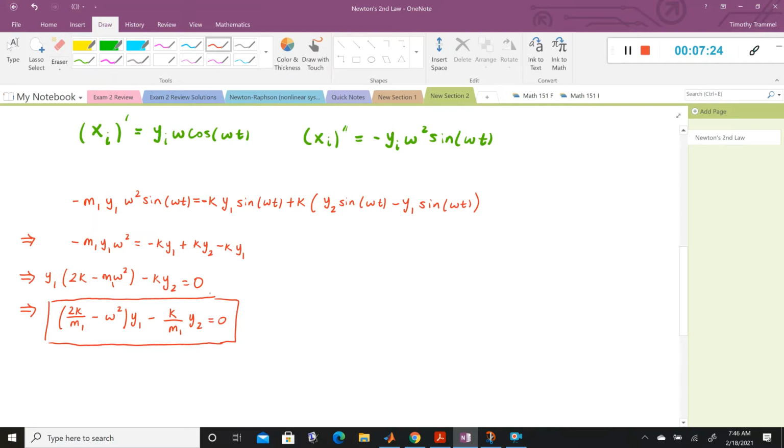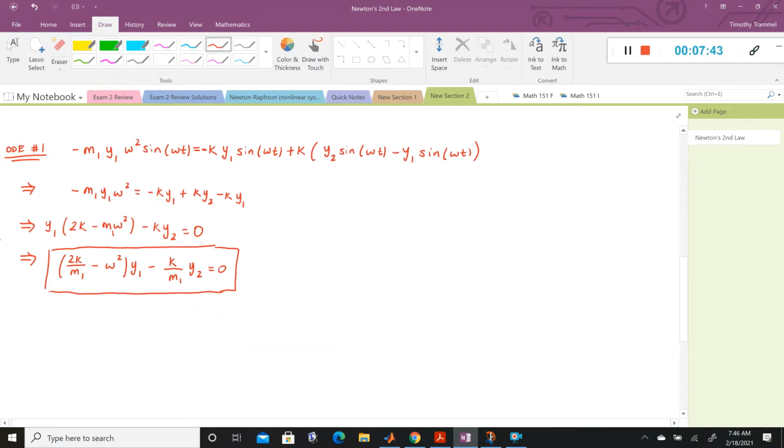But we're going to want to do something similar here. So this was from ODE number 1. Let's do the same thing with the second ODE.